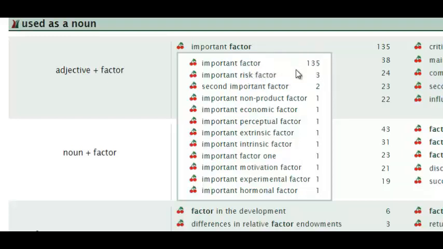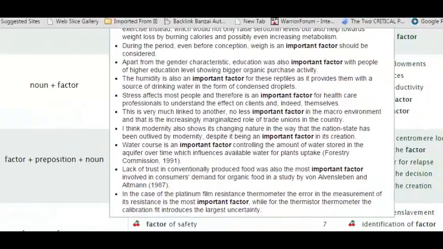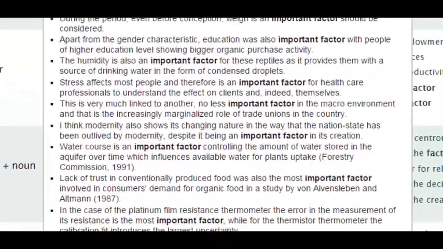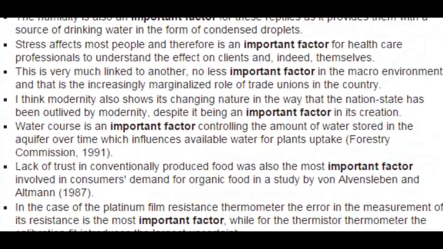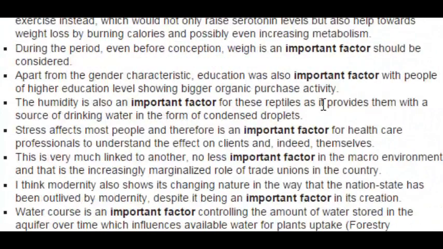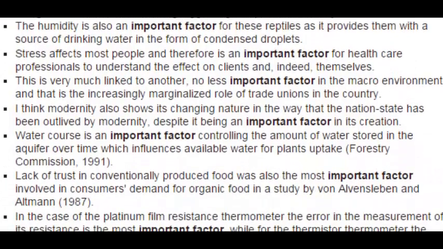So important factor, there's 135 examples. That's a lot of examples. So let's click on those. And what comes up are the actual examples within the texts of when important factor comes up. So basically what this shows is how to use important factor in context.